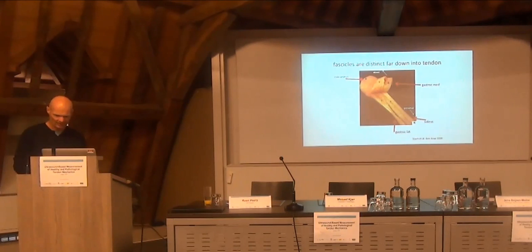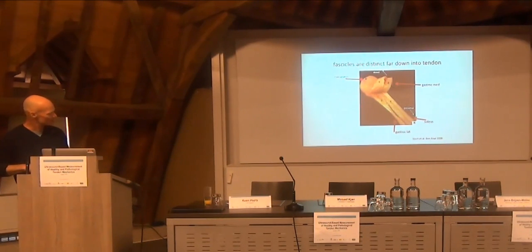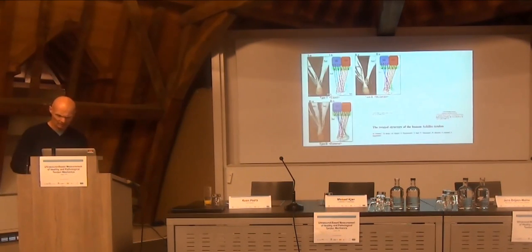Also, some fairly recent studies indicate that the Achilles tendon, this is maybe difficult to grasp, but this is the calcaneus here, and this is a human Achilles tendon that's split into different compartments. And in a very recent study that came out last year, titled "The Twisted Structure of the Human Achilles Tendon," quite a few subjects were split into different groups based on the twist of the tendon.